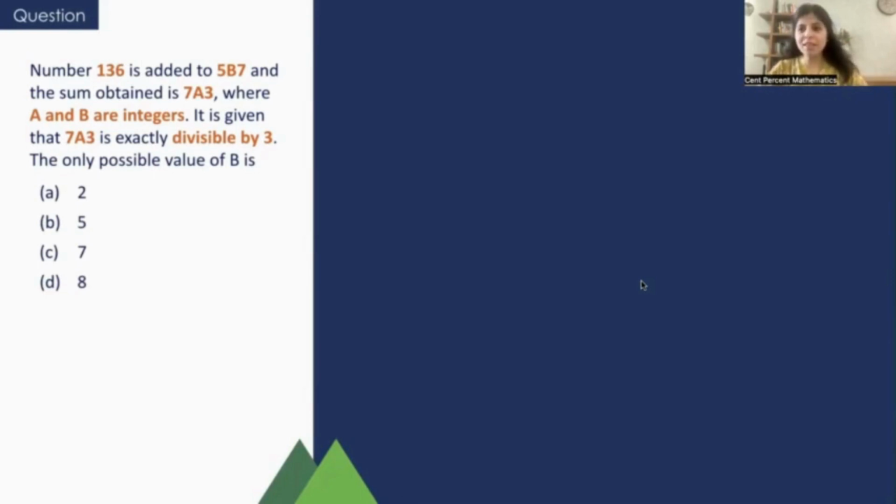So first thing is, try and comprehend the question. And that holds for each and every question which you do in mathematics. What are you given? You're given that there are 2 addends. What are addends? The numbers which we add together.